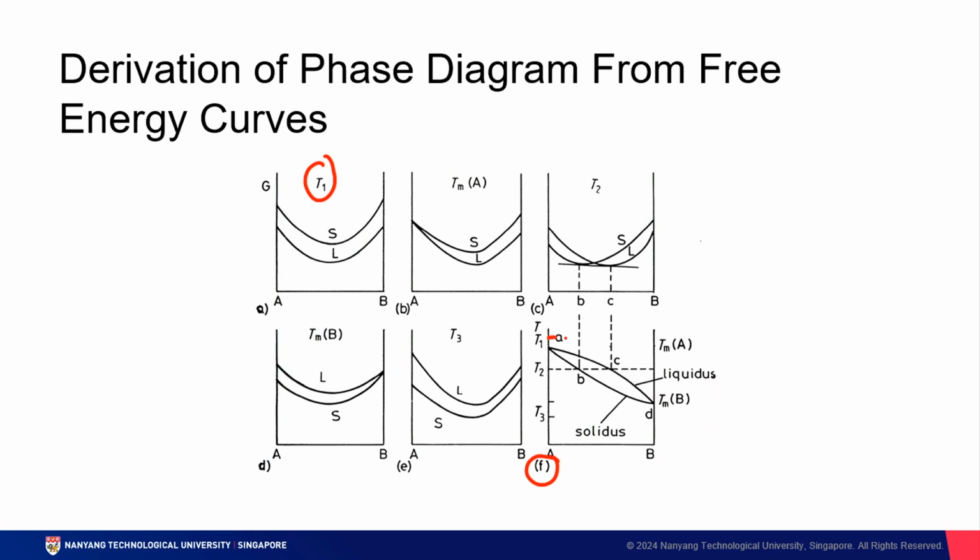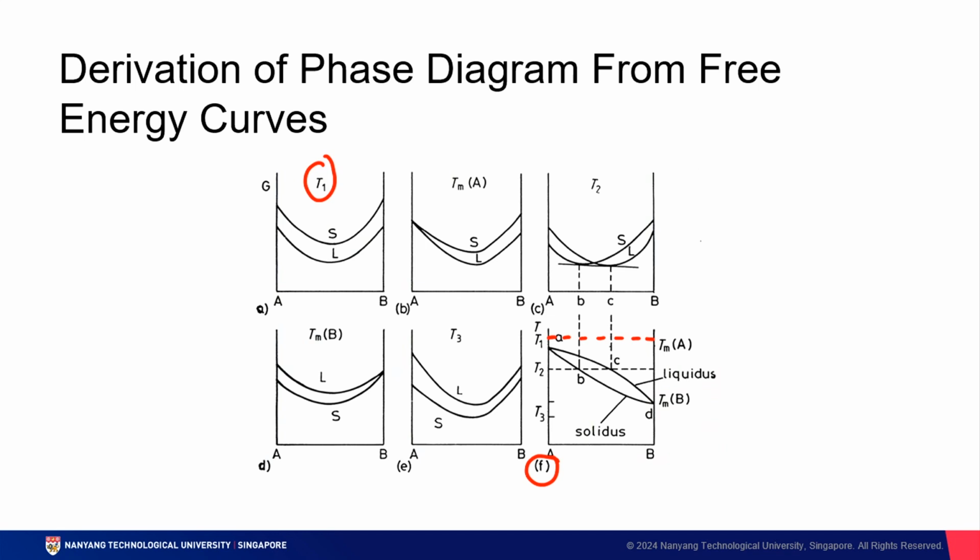Here, at this temperature, notice that throughout the entire composition range, the liquid phase has a lower Gibbs free energy than the solid phase and is hence more thermodynamically stable. Therefore, throughout T1, the liquid phase will exist.